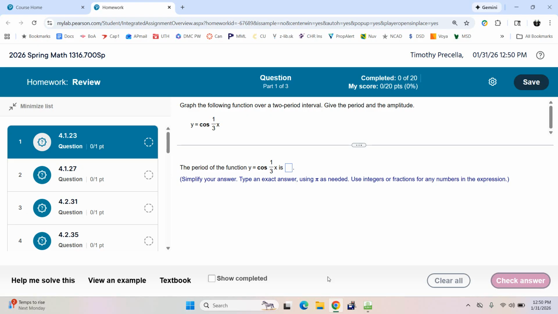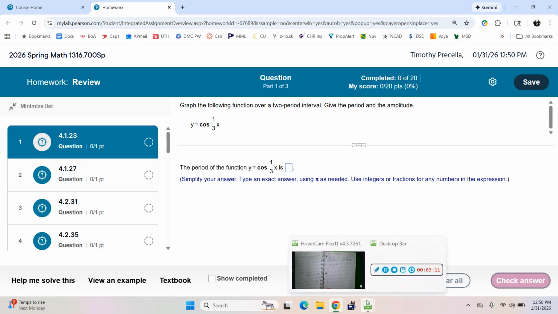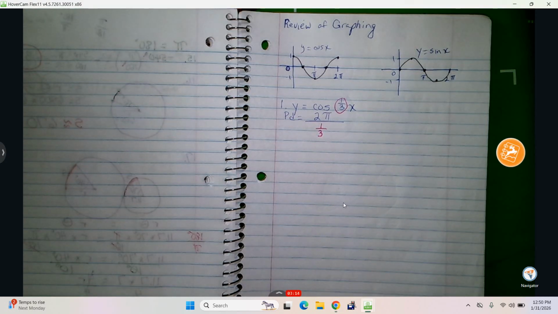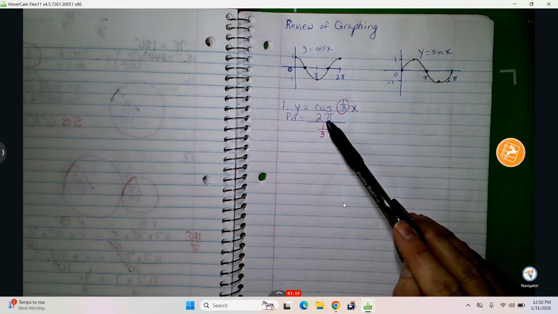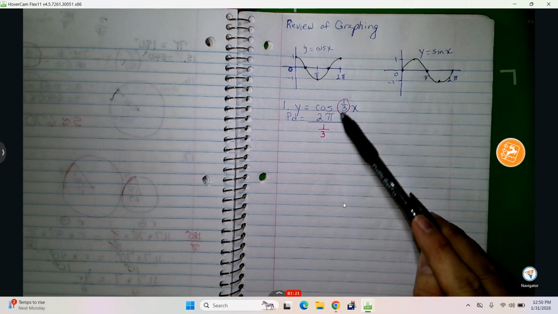To find the period for sine or cosine, you go 2 pi divided by the coefficient of x. The coefficient of x is this 1/3. So we have 2 pi divided by 1/3. To calculate the period of sine and cosine, it's 2 pi over the coefficient of x.